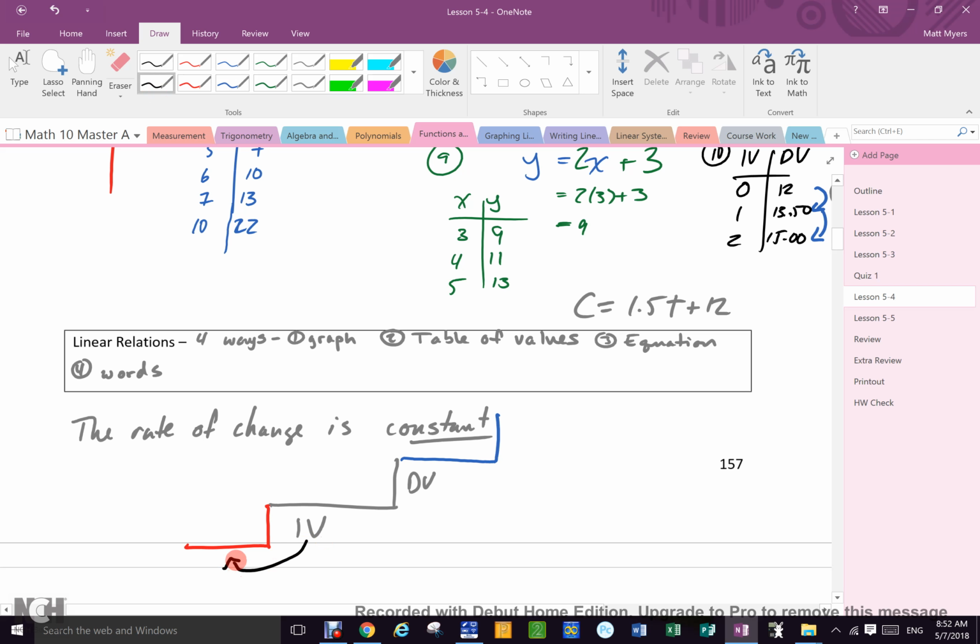This distance would be the same there as it is there. And this distance would be the same there as it is there. Does everyone understand linear relations? Do you need to actually draw the line? No. If the dots make the steps, you have a linear relation. It's just a discrete linear relation. Good?